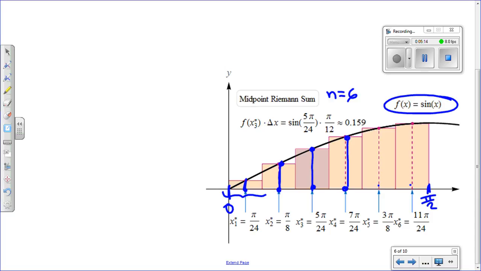Now to tell the difference between what your x values are, your starting and your ending, instead of calling it x sub 1 is 0, we're going to call them the first midpoint. You see the star, those tiny ones on your copy. That just tells us we're talking about a Riemann sum, and that we're taking either the right, the left, or the midpoint.